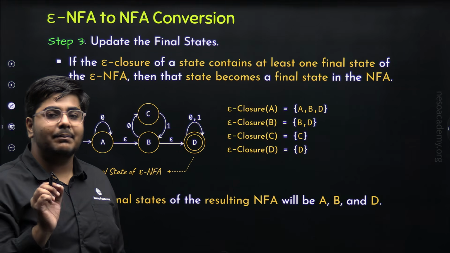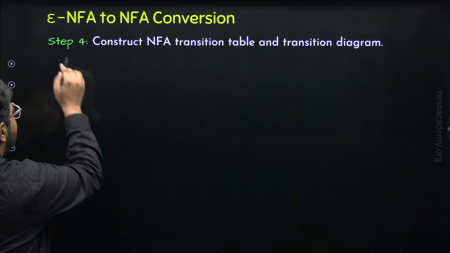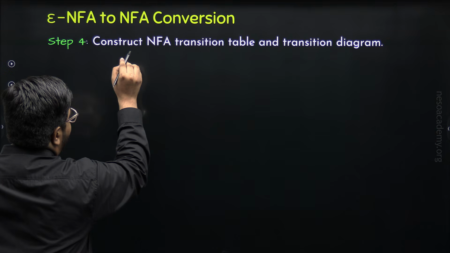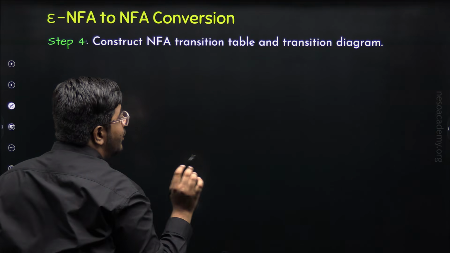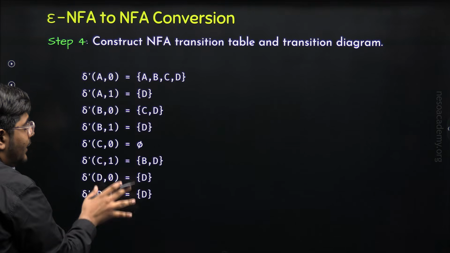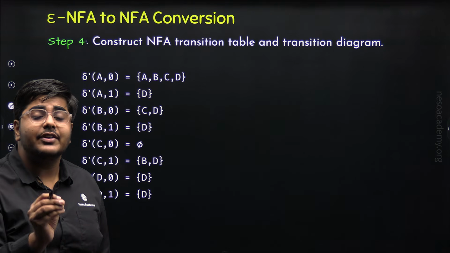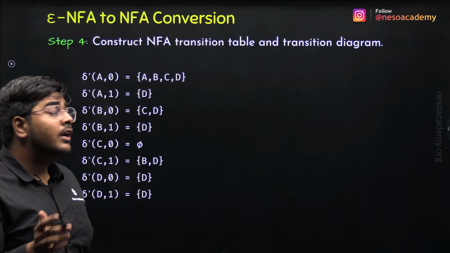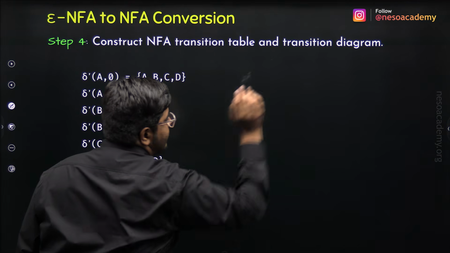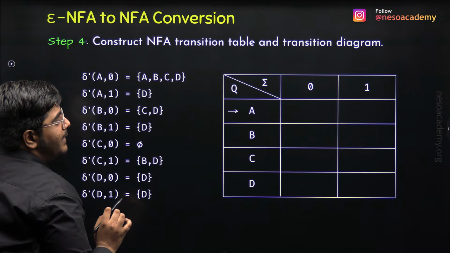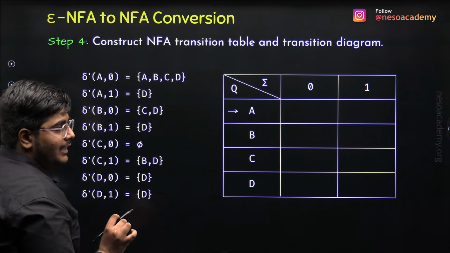Now let's move to step number 4. Step number 4 is to construct the NFA transition table and the transition diagram. So we have calculated all the new transitions for our resulting NFA. And now we need to construct the NFA transition table and the NFA transition diagram. So this is the basic structure of the NFA transition table.